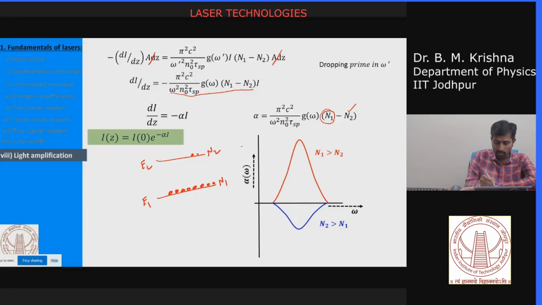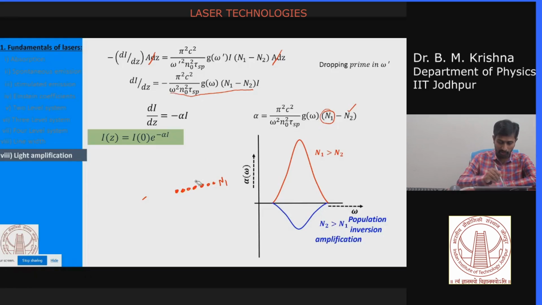These are all the positive axis and this will be your negative axis. So when n2 is greater than n1, your alpha becomes negative. That is your condition for population inversion. So this gives you amplification.